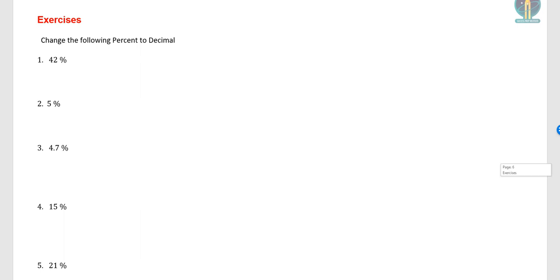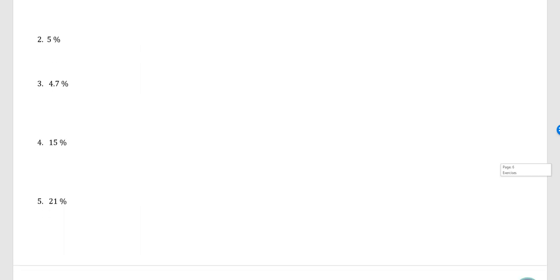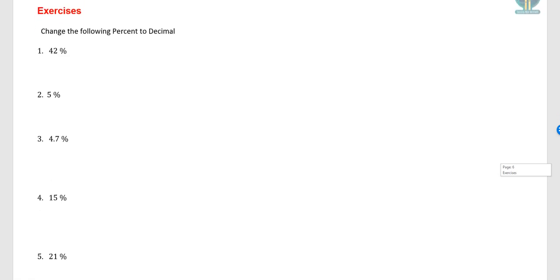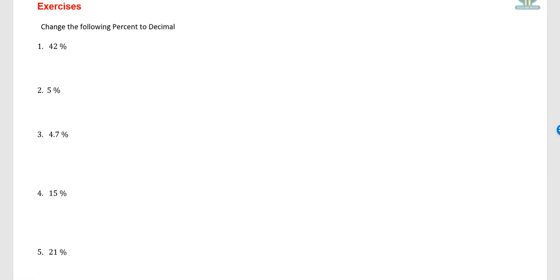Okay, now the goal here is to change the following percentage values to decimals. So now we have 42%. And again, like I mentioned, the most straightforward way to do this is to move the decimal point to the left if you're trying to convert to a decimal.